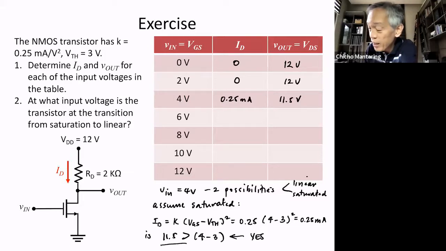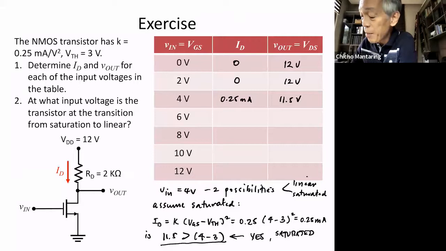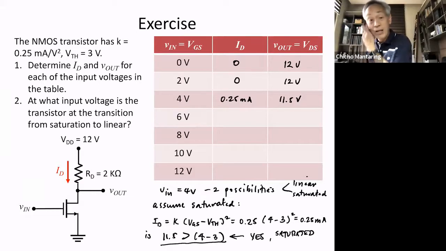So this is to check whether it is saturated. The answer is yes. So that means that this is correct, no? So this means saturated. Okay? So ibig sabihin tama yung kinompute natin dito. Okay? So we can continue.